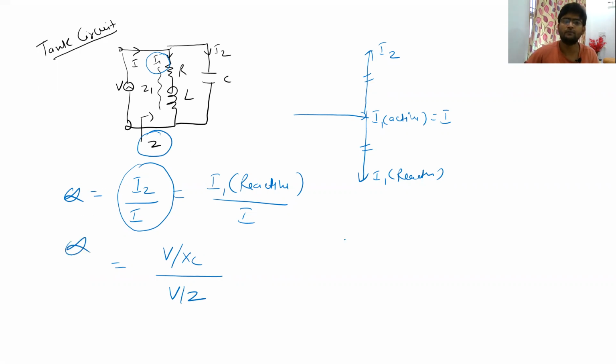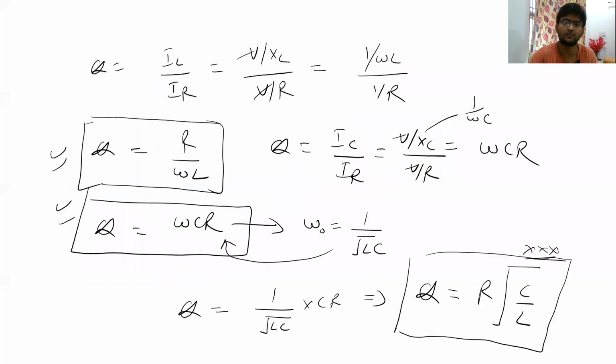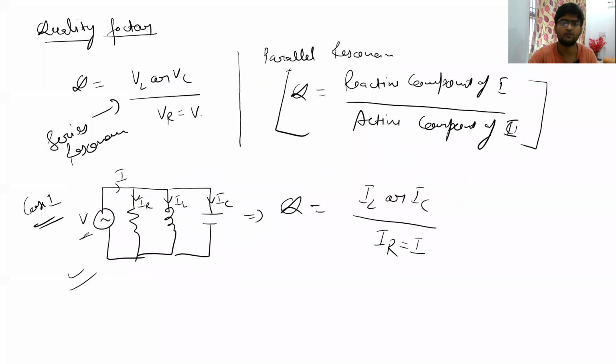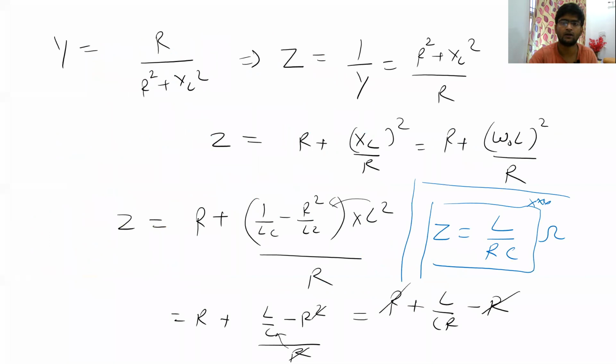So can you tell me what is the value of XC? It is definitely 1 upon omega naught C. And what is the value of Z? In the case of tank circuit, at resonance, we calculated the value of Z. And what was it? This was L upon RC. In this slide, we can see that it was L upon RC.